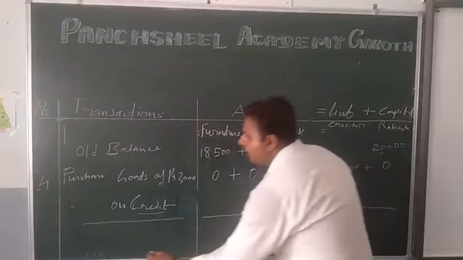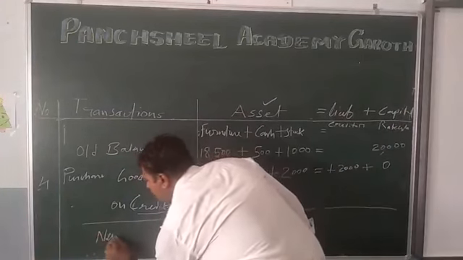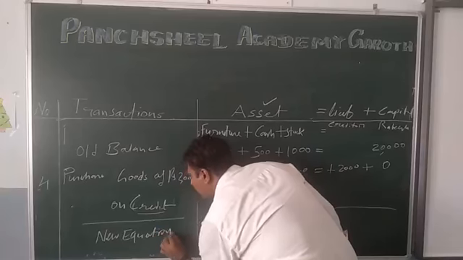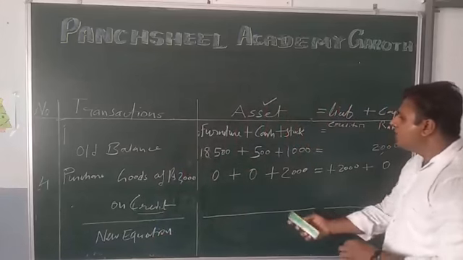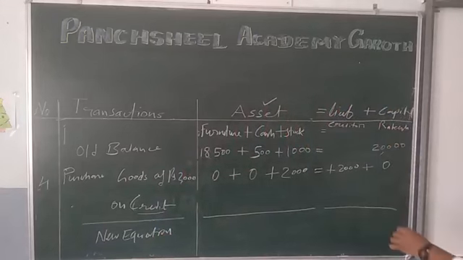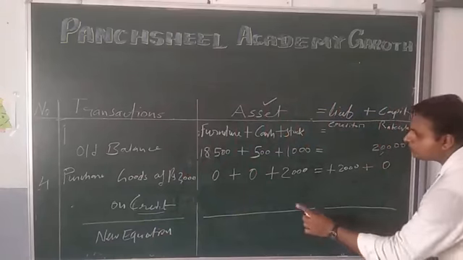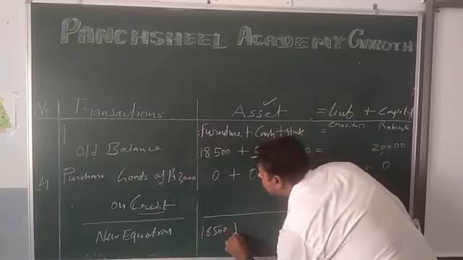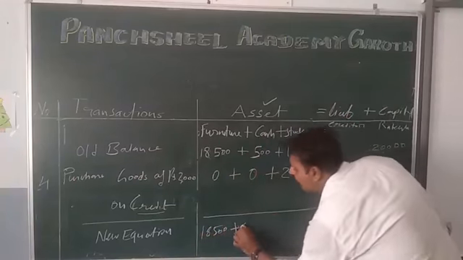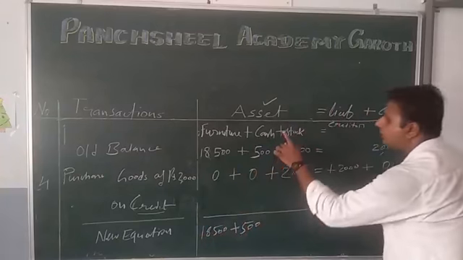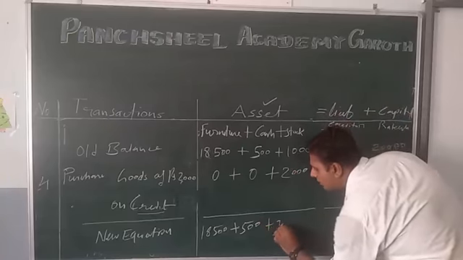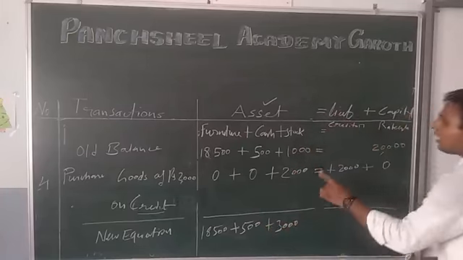Okay, so here the new equation says: furniture 500, cash is rupees 18,500, stock is how much? 2,000 plus 1,000, 3,000.